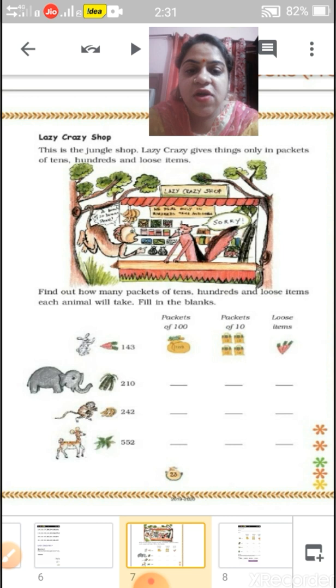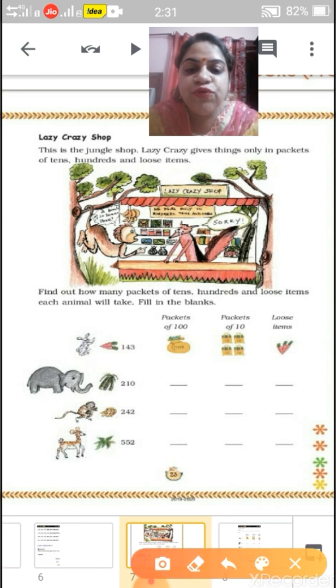So packets of 100 is 1 here. It's according to the number, like it's 143. So for 1 packet they were using 100. For 4 packets they were using 10. And for loose items they were using 3 items loose. So children, 100 plus 40 means 10 into 4.